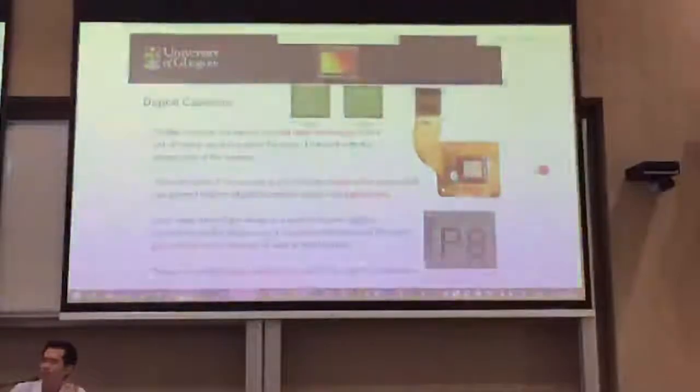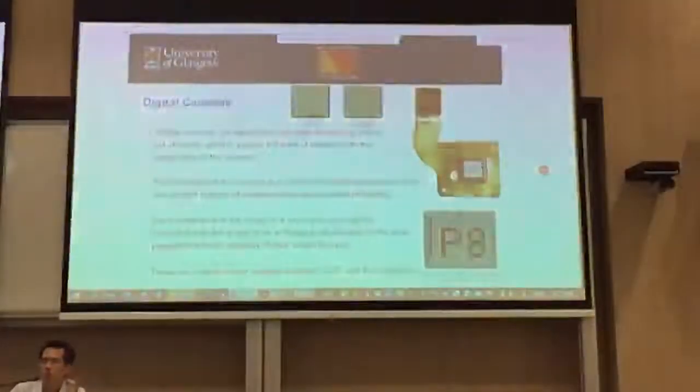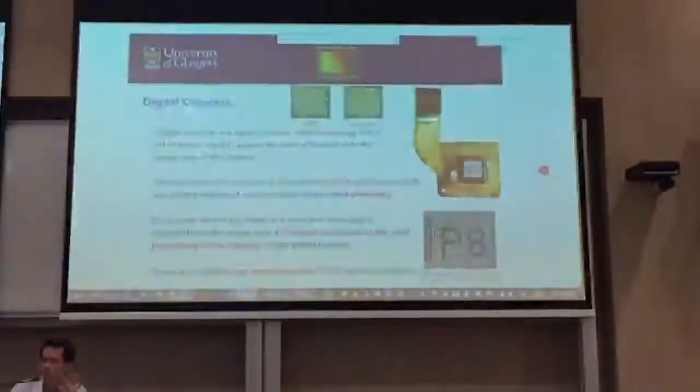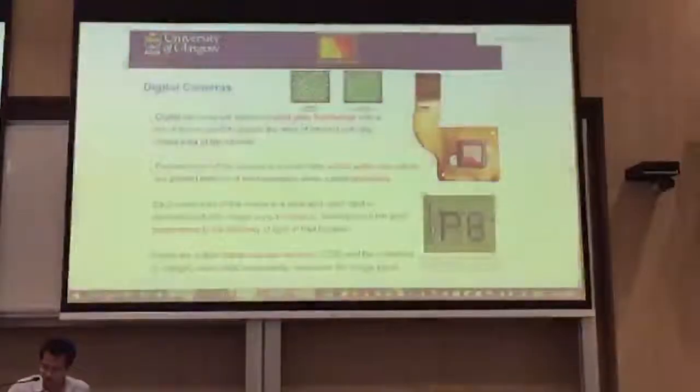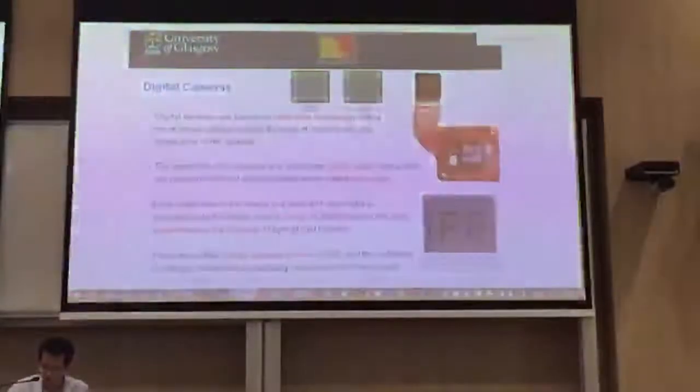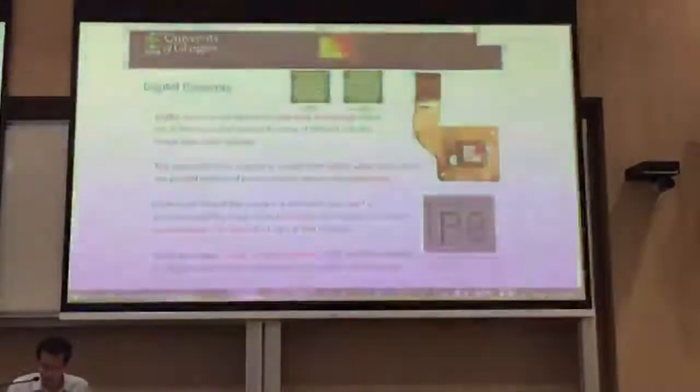What you should be looking at is not the quality of the display. Yes, that is important, but you should be looking at the construction of the camera inside. Because within this thing over here, it's made of solid state technology.